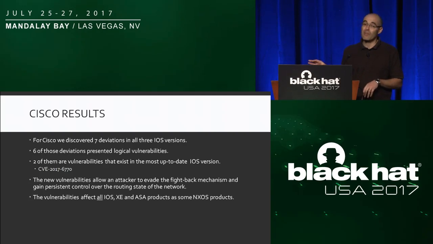The vulnerabilities we have found affect all IOS, XE, and ASA products of Cisco, and also some Nexus products. So you can see this covers dozens or maybe hundreds of products of Cisco.